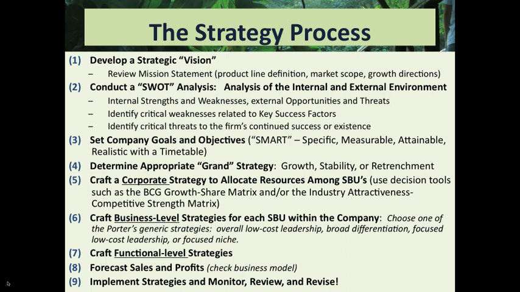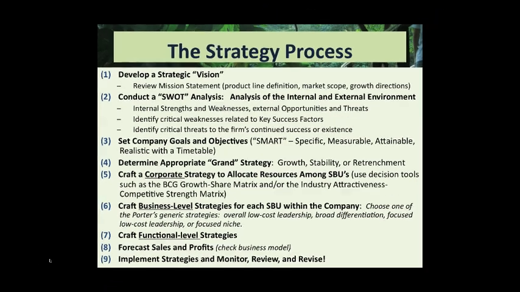So from the corporate level to the business level to each functional area within the organization, and eventually all the way down to the individual employee level, so that individual employees have their own objectives and know what they need to do to help the firm accomplish its long-term goals.